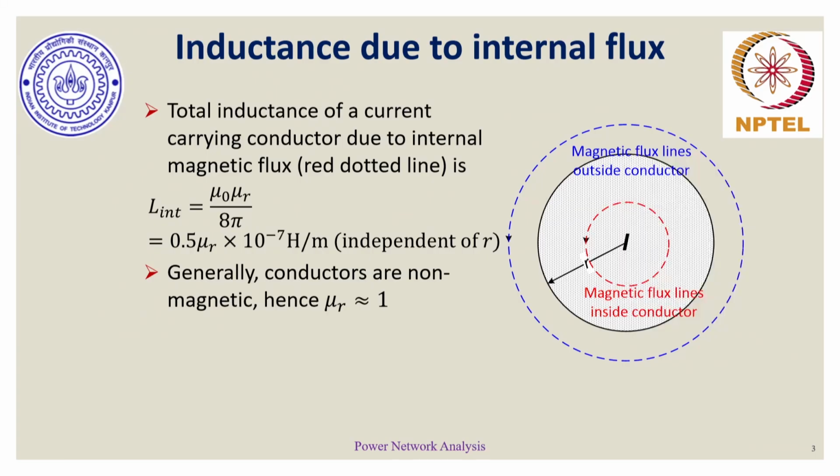So, if you recollect, we considered a current carrying conductor as shown over here, which was carrying current I, and this current, we are assuming it could be an AC current, could be a DC current.